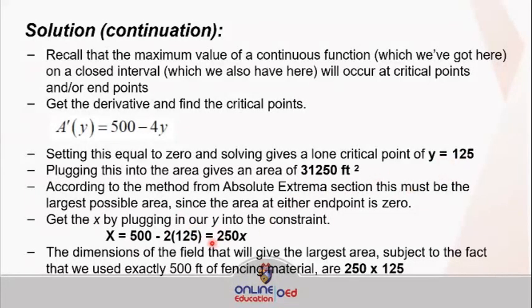Therefore, we have the value of 250 for x. The dimensions of the field that will give the largest area, subject to using exactly 500 feet of fencing material, are x equal to 250 and y equal to 125.